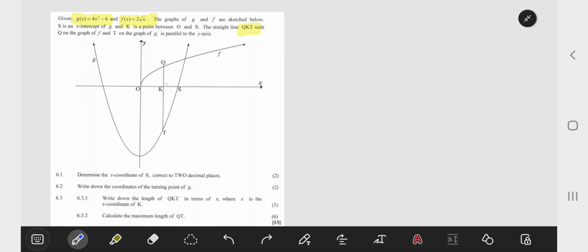Okay, and then 6.3.1: write down the length of qkt in terms of x. So qkt ukusuka lapha ku q k and then sigcine la ku t. So this is a vertical distance, and sithe ku vertical distance siminus abo y, and y wangaphezulu, which means kuzoba yilo y waka q, right, minus y wangaphansi y walapha ka t.